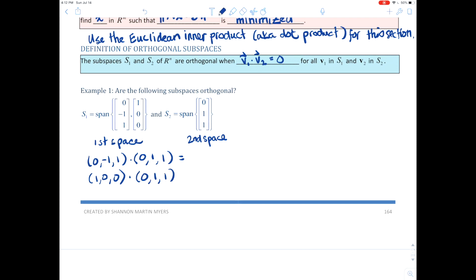So let's see what we get. First one: 0 plus -1 plus 1, we get 0. And then 0 plus 0 plus 0 is 0. So what would we conclude? Good. S1 and S2 are orthogonal. Good so far?